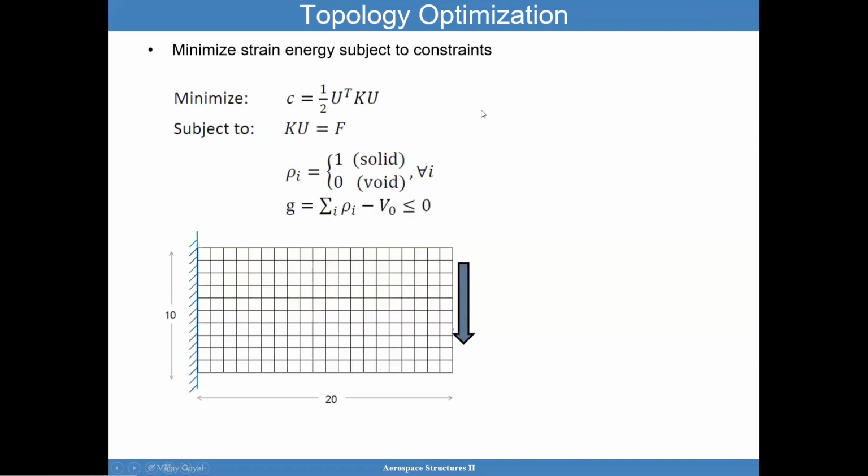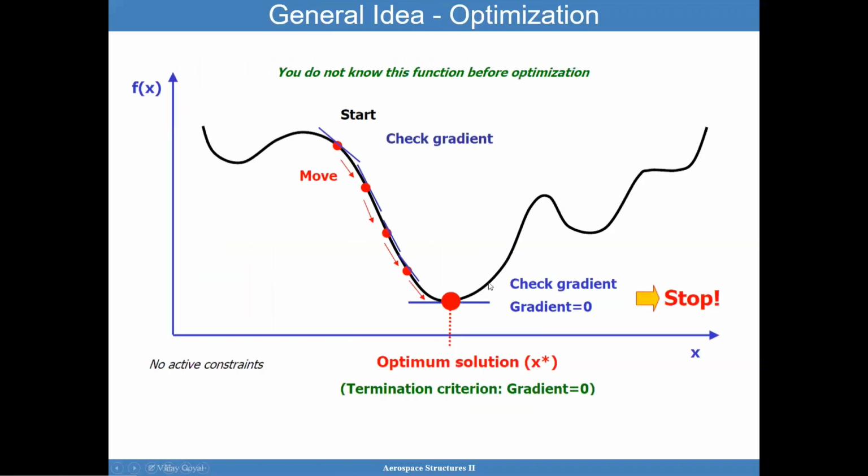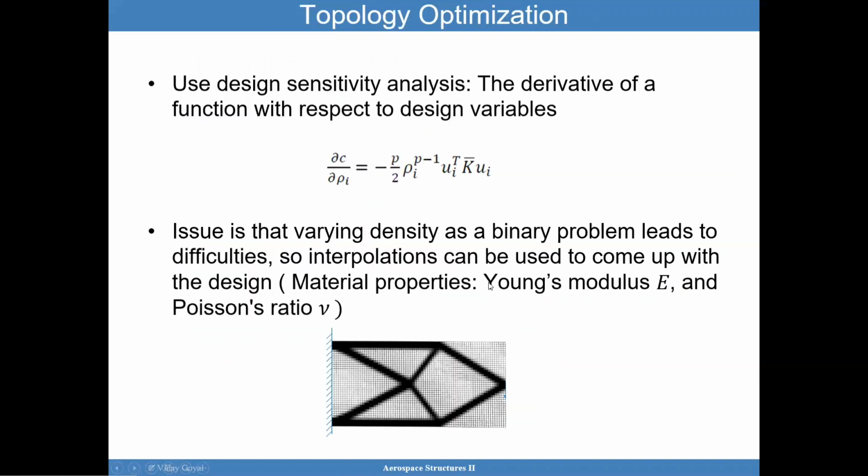In this case, the design variables are really the density. And so I'll take the derivative of C with respect to the density and determine how this changes. And when this gradient approaches 0, then I know that I'm optimizing my solution slowly.